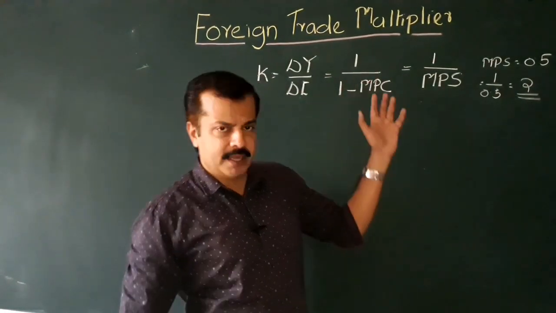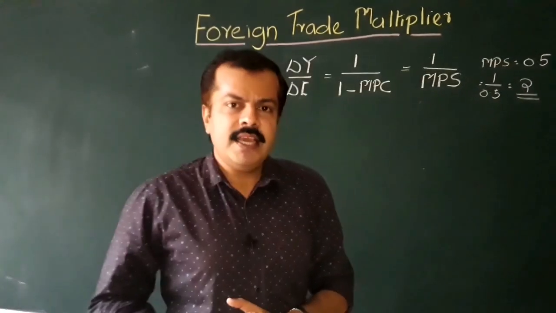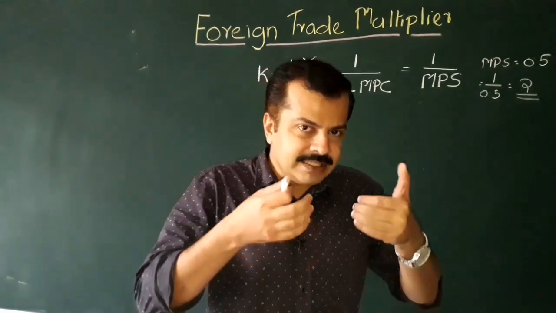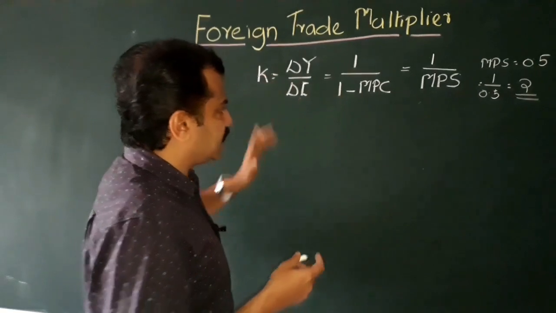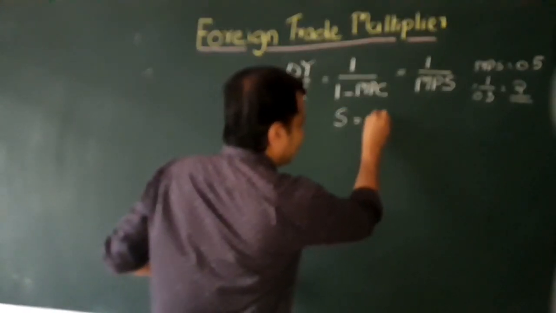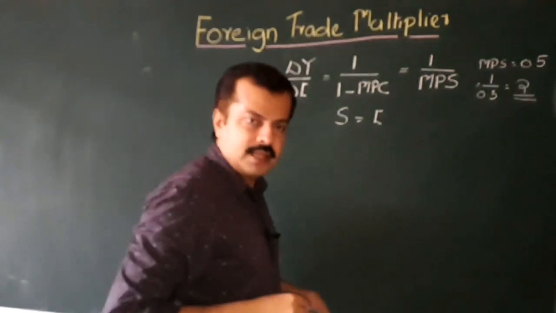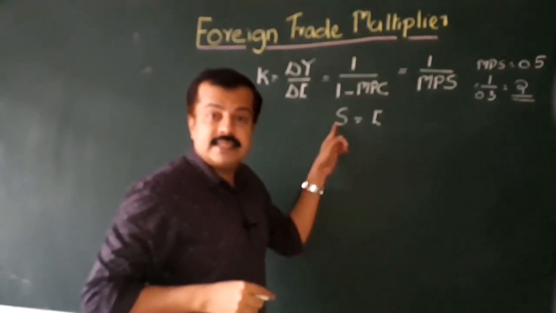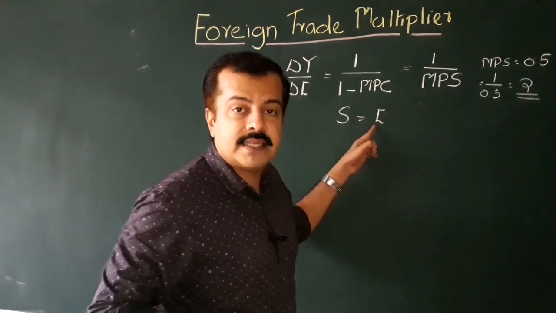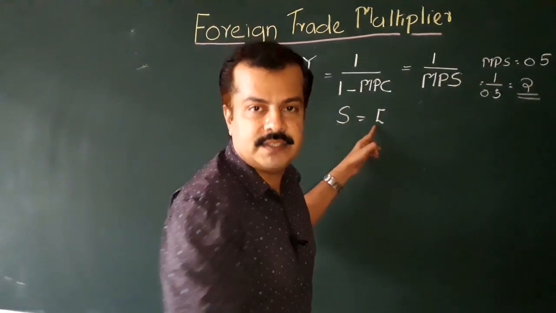So this investment multiplier is for a closed economy, because the underlying idea behind the investment multiplier is that saving is equal to investment. Saving is considered as a leakage from the system, investment is considered as an injection to the system.